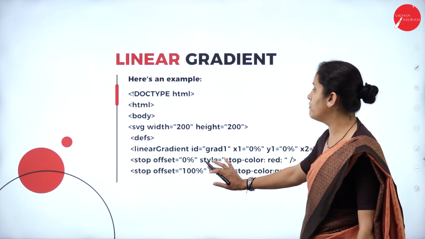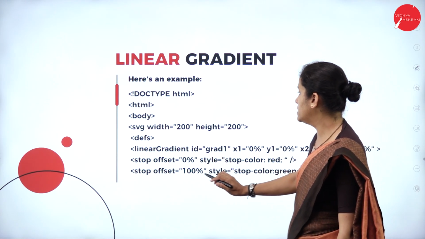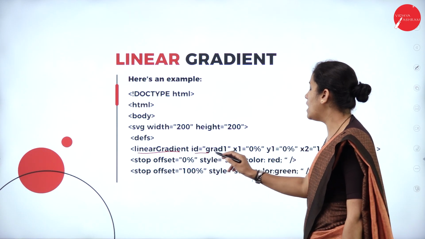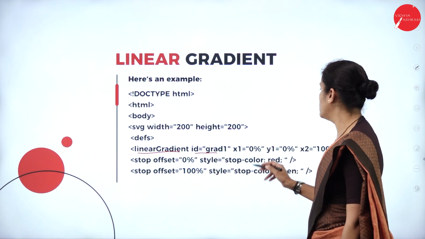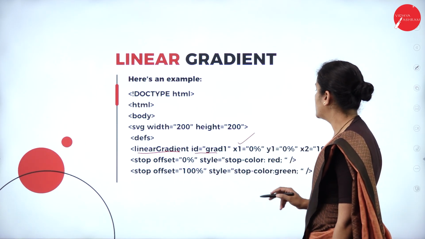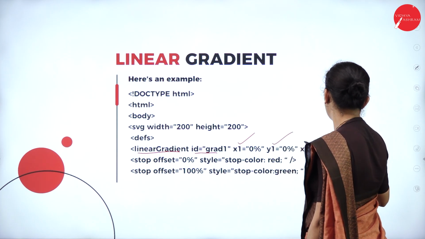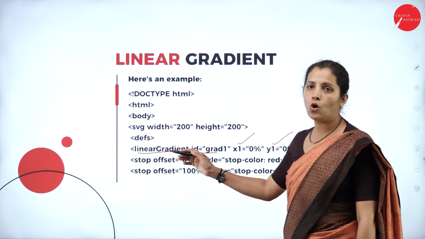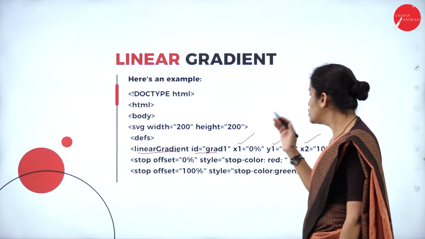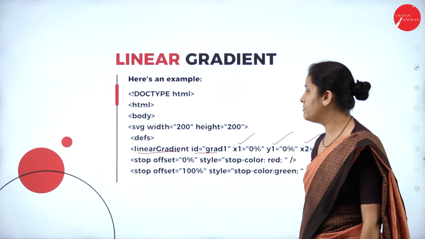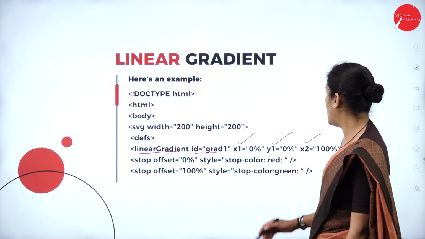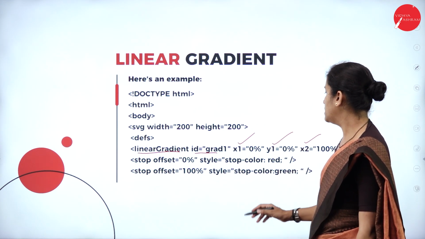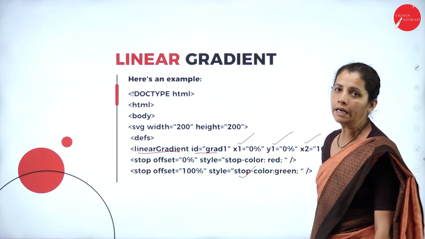Now I have one more example. See here, I have linear gradient. I'm going to have the ID called grad1, with x1 coordinate, y1 coordinate, x2 coordinate, y2 coordinate. I'm going to specify the stop offset value and stop color, and then another stop offset value, and I'm going to specify the style, that is the stop color green.